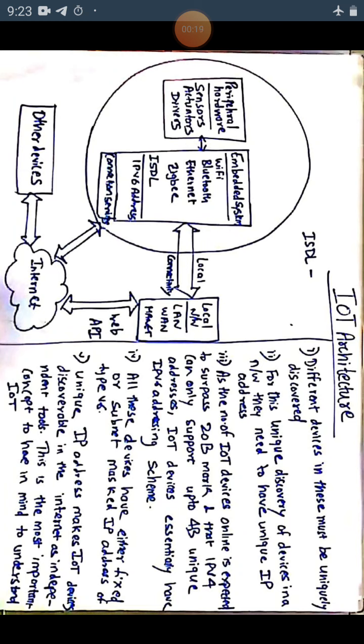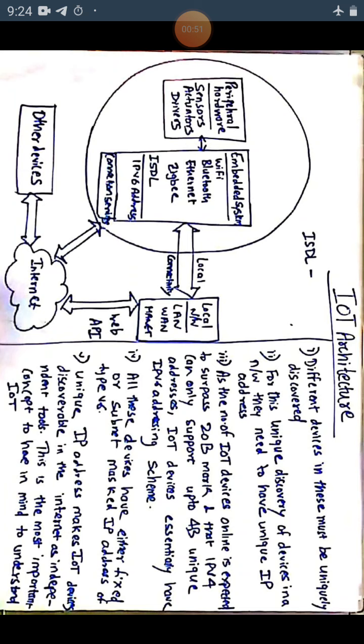In this figure which you are looking at on your left side, you can see the IoT architecture. In IoT architecture, you can see peripheral hardware, sensors, actuators and drivers. They are interconnected with the embedded system, and that embedded system contains Wi-Fi, Bluetooth, Ethernet, Zigbee, ISDL, IPv6 address and connection services.